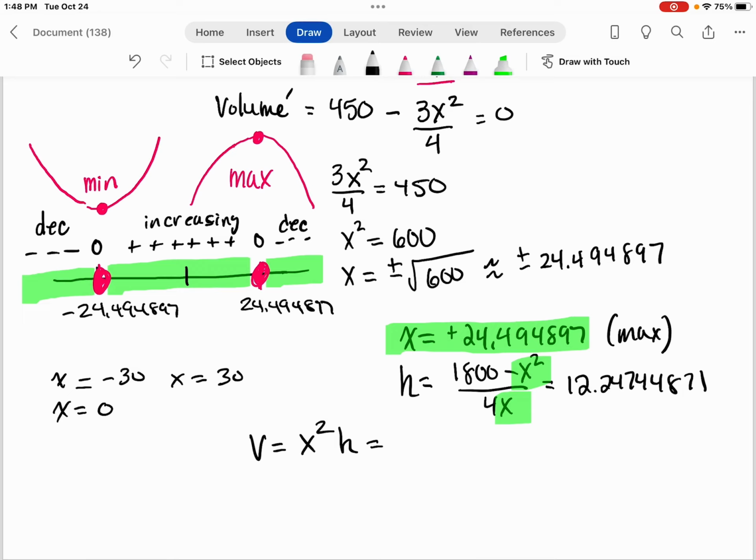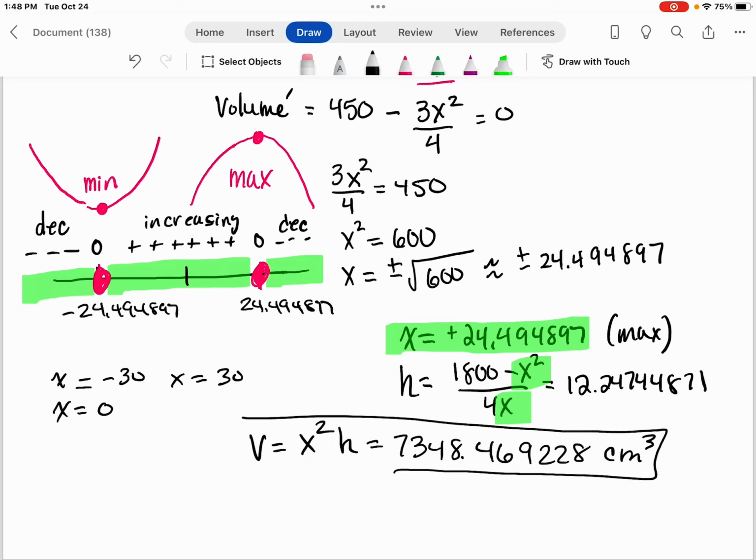And what you end up getting when you find the volume using those values is 7,348.469228 centimeters cubed. So that will be the biggest volume you could get with 1,800 square centimeters of materials.